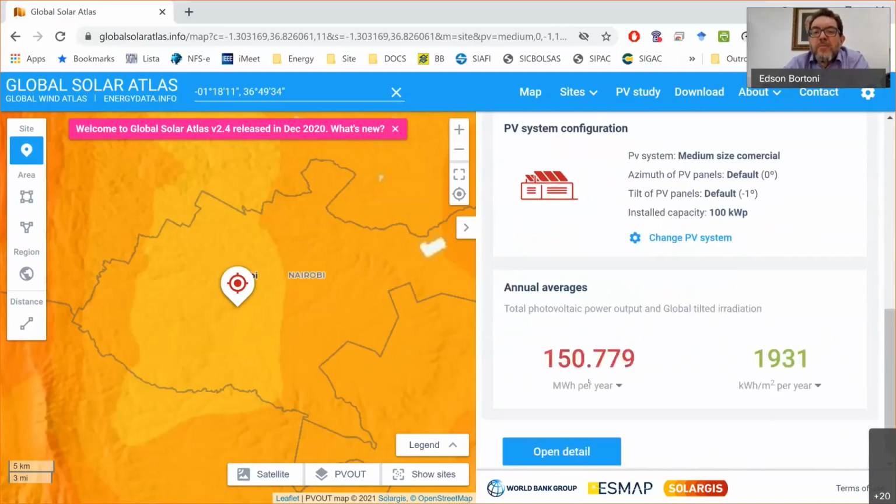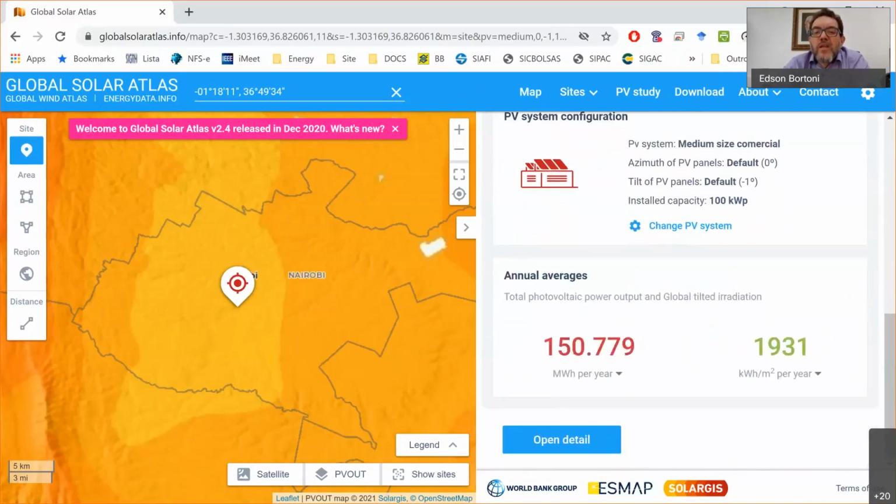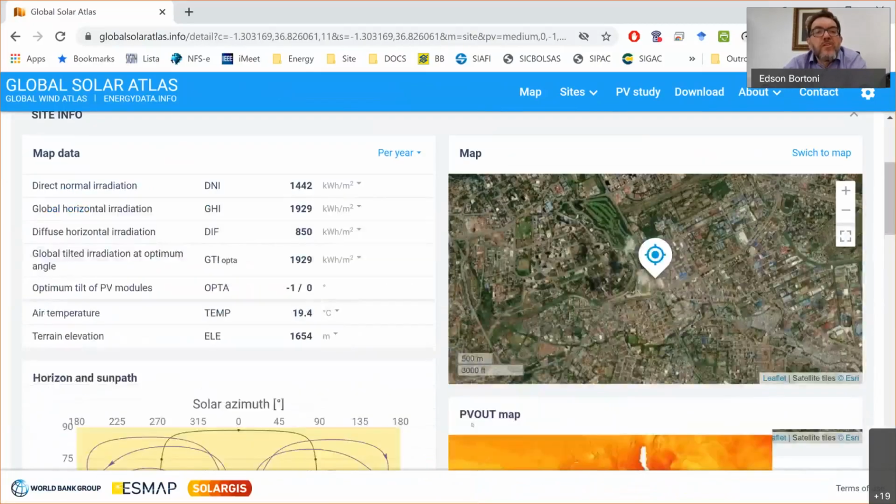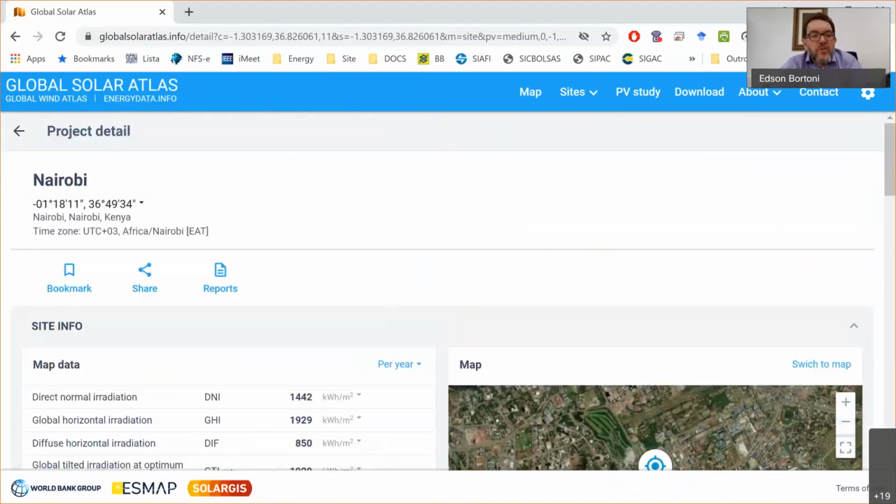If there is a lab there, you can generate 150,000 megawatt hour per year. Okay, it's a very good source of information from the World Bank and other contributors.